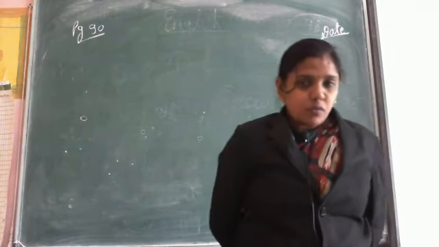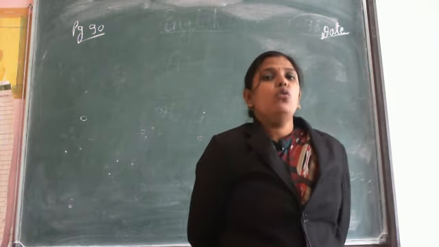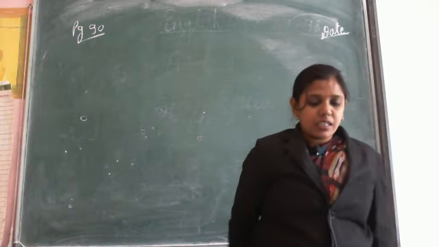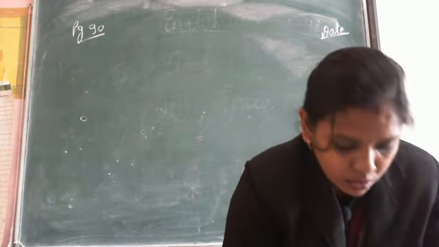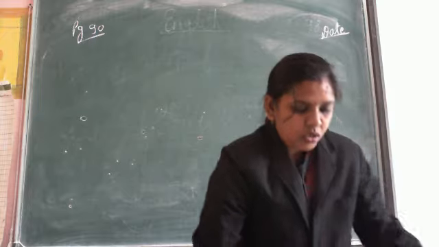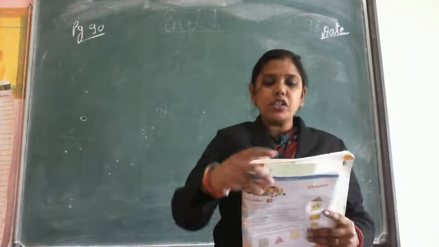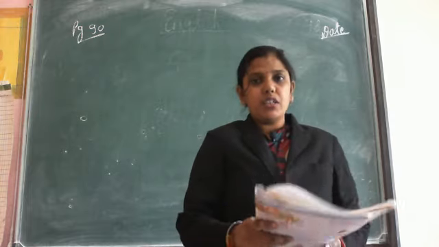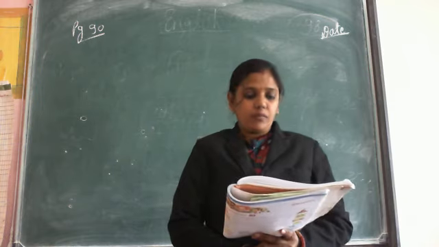So first word problem. First I am going to read the word problem for you. You also try to read the question. Start reading with me. Pay attention in your book. The question is question number 3A.